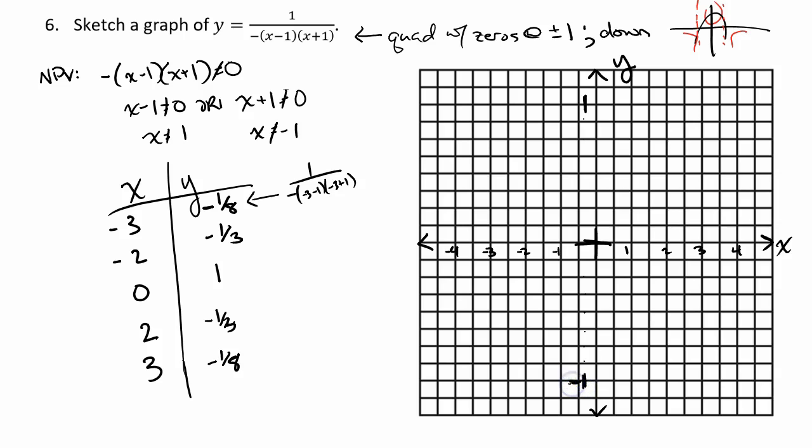What that allows me to do is I know where that 1/8 now is, so I can kind of define that point. I'm going to sketch in red again. Start with my asymptotes. x is negative 1 and x is also positive 1.